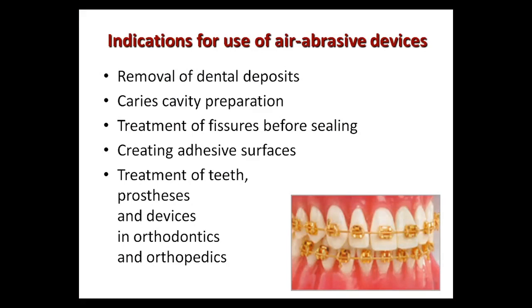Indication for this type: mostly removal of dental plaque and dental deposits, but we may use it for caries cavity preparation, treatment of fissures before sealing, creating adhesive surfaces, and also cleaning the surfaces of teeth, prostheses, and devices in orthodontics and orthopedics.